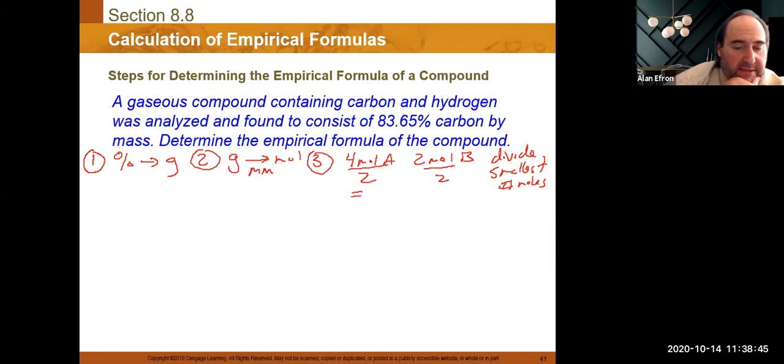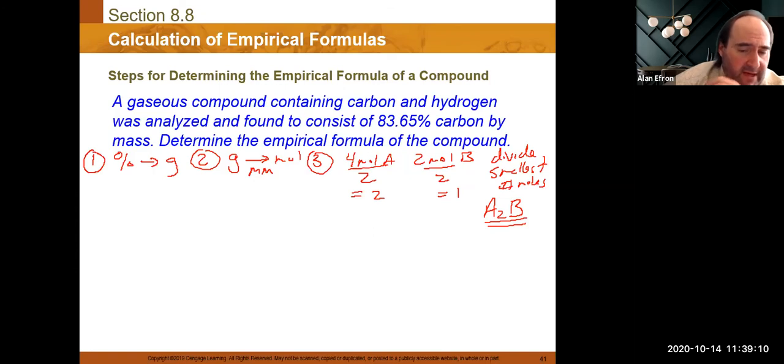That would give me 2 for A, and 1 for B. And if you do hit all whole numbers, then that would be your empirical formula. So my empirical formula, my made up one here, would be A2B.